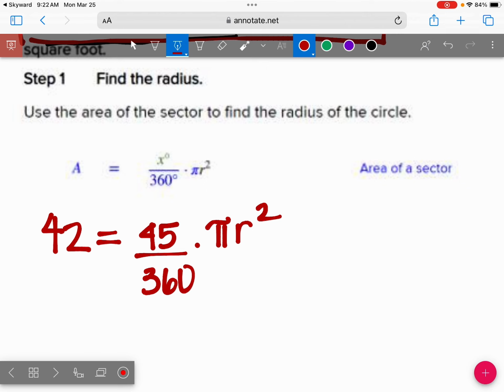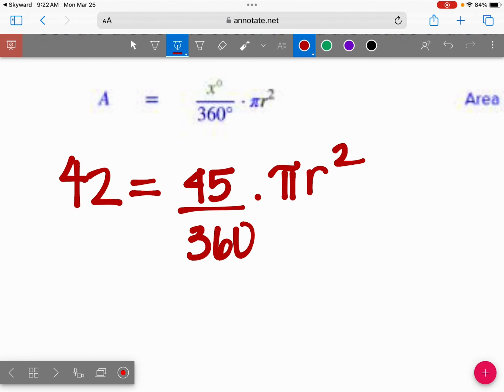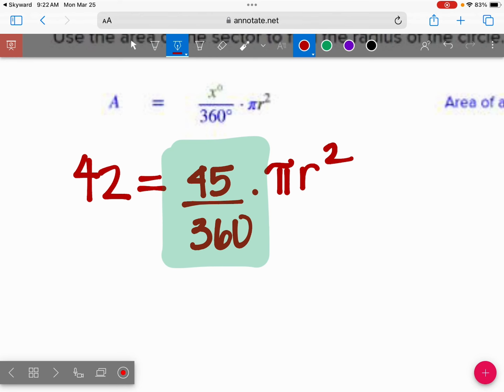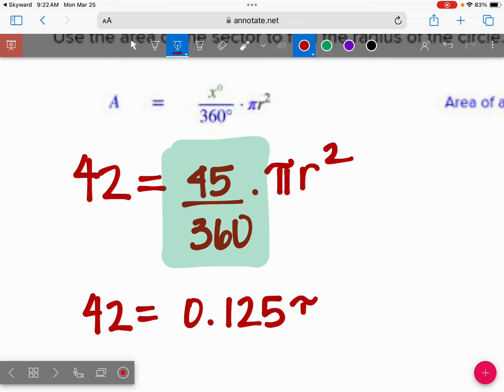So in your calculator, let's figure out what 45 divided by 360 is. So we're going to figure out what this number is. So kind of condense that side down, because right now there's a lot happening over there. So then that would give me 42 equals 0.125 pi, and then it's r squared.